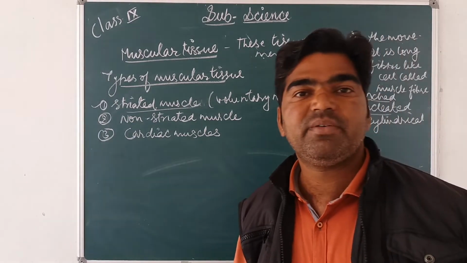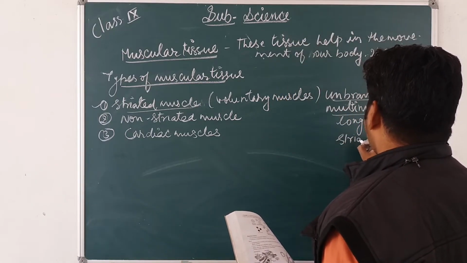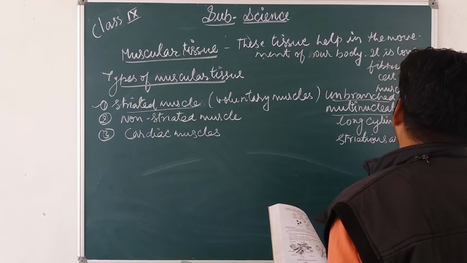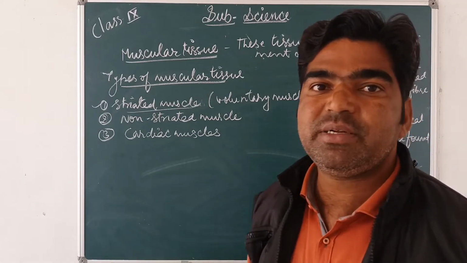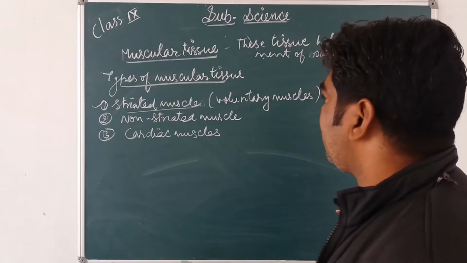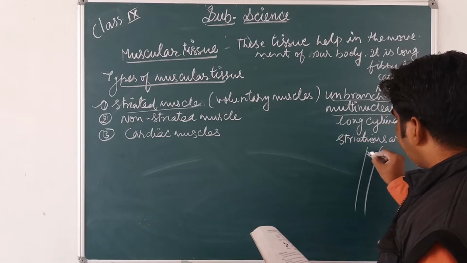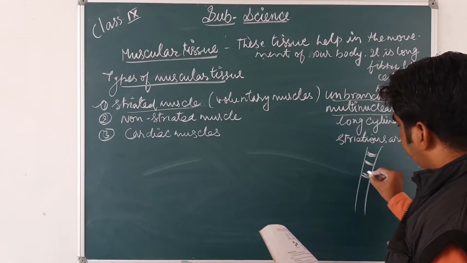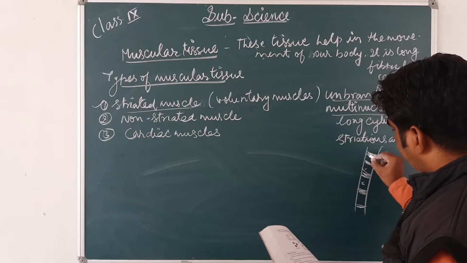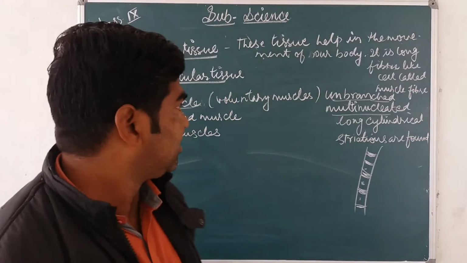Multinucleated means it has more than one nucleus and the striations are found. Striations are found means it has dark and light patches or bands of color on it, just as I told you. So this type of muscles is called what? Striated muscles.